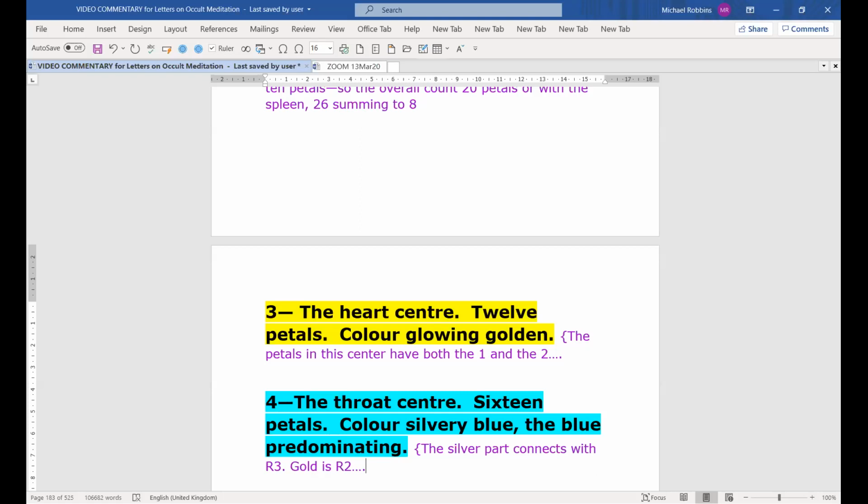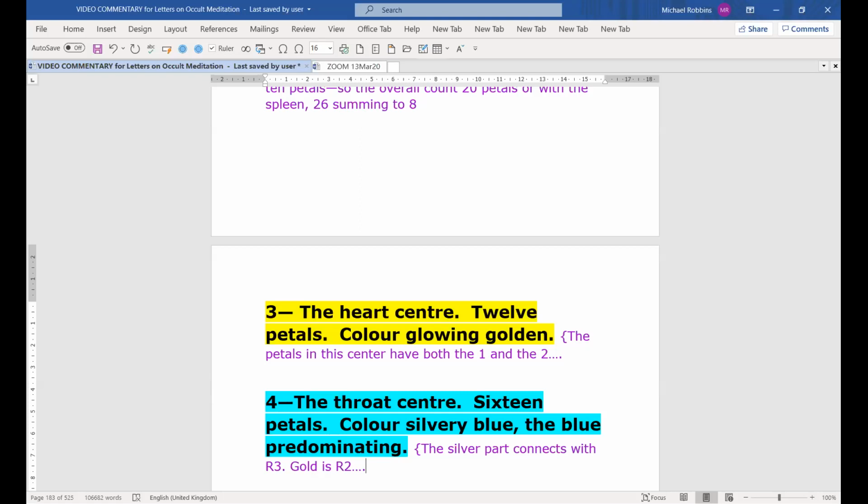I guess these centers feed those elementals, and gradually a transference takes place, as we know, and that transference marks different initiatory periods. So in a way, silvery blue is a blend of the third ray, silver.